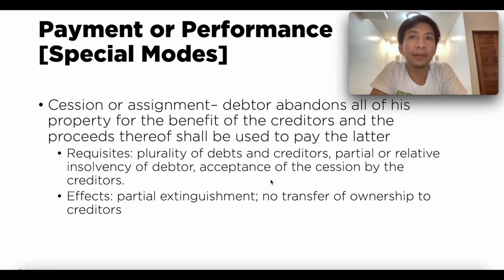Hindi ibibigay nung tao yung property doon sa creditor. Ibebenta ng mga creditors yung mga gamit niya para may makuha silang proceeds. Okay? Kasi kung binigay ni debtor yung bagay, iba na yun, ibang type ng special mode na yun, which we'll discuss later.